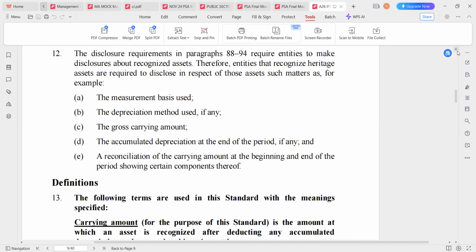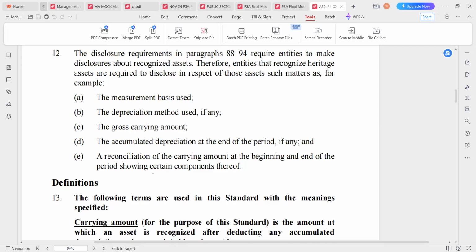Let me go to the top. Yeah, disclosure. When it asks you disclosure: measurement basis, depreciation method. After the paper, I'll say, do you see what I projected? Kindly just take a screenshot of it. That's the disclosure requirement for IPSAS 17 PPE. You have to disclose the measurement basis, depreciation method, gross carrying amount, accumulated depreciation at the end of the period, then reconciliation.